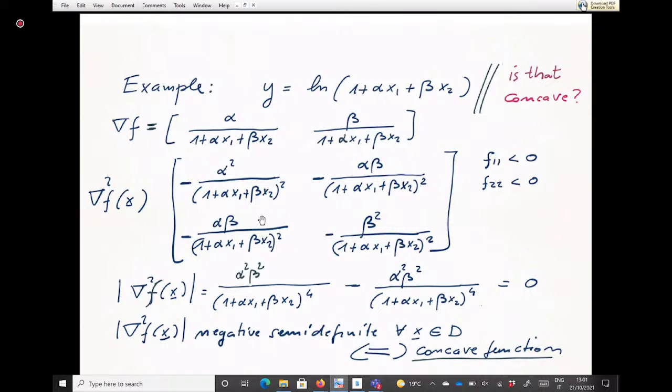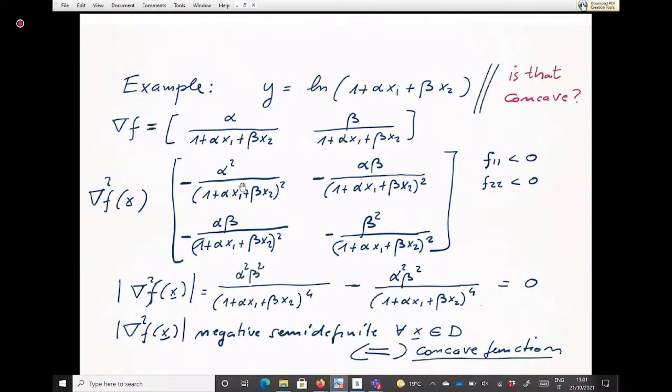If this matrix is negative definite for any x1, x2 in the domain, then you have a strictly concave function. If it is negative semi-definite for any x in the domain, you have a concave function, okay? So basically, another way to check for concavity, convexity, is to look at the Hessian matrix of the two variable functions in our case.